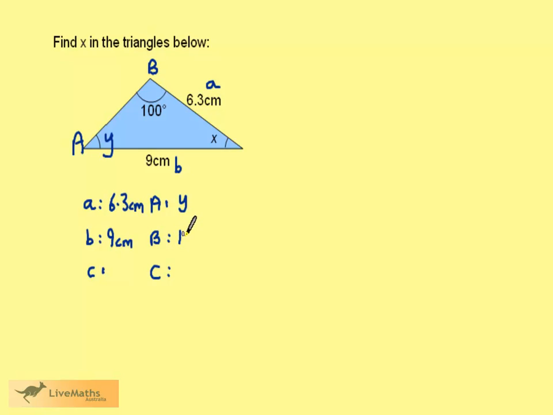And this is 100 degrees. Since we know both of one of the pairs, we're going to use the sine rule. Since we're finding an angle, angles on top, sine of A over a is equal to the sine of B over b.